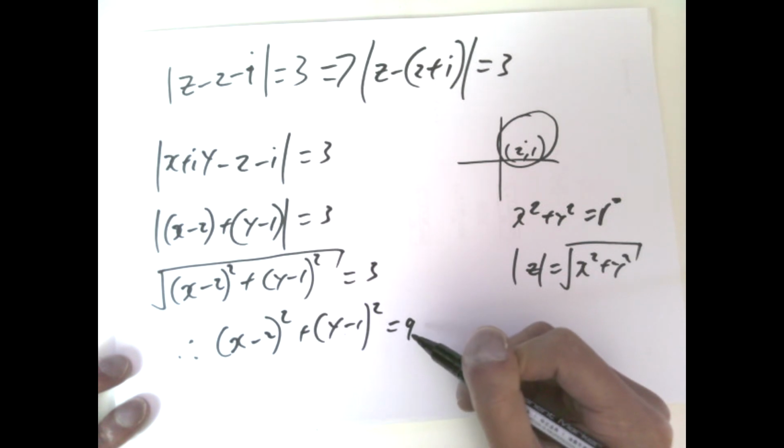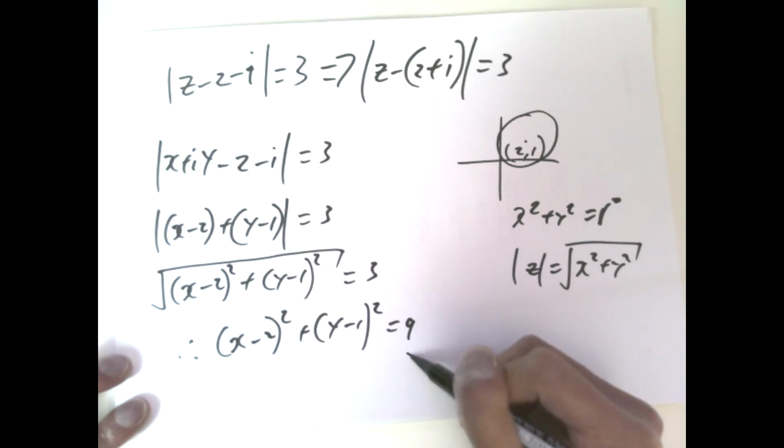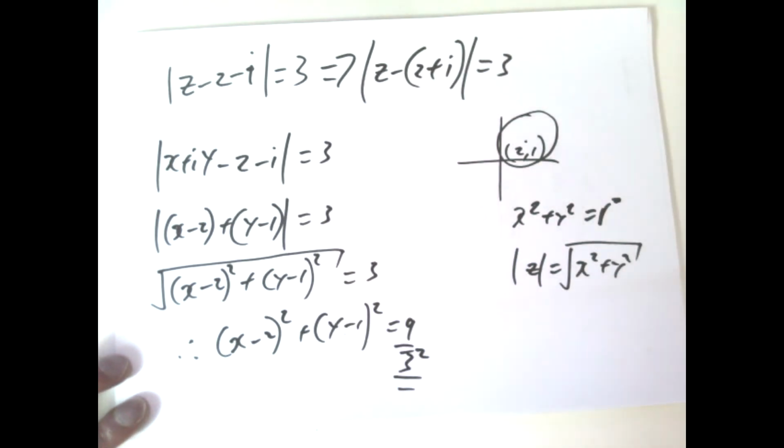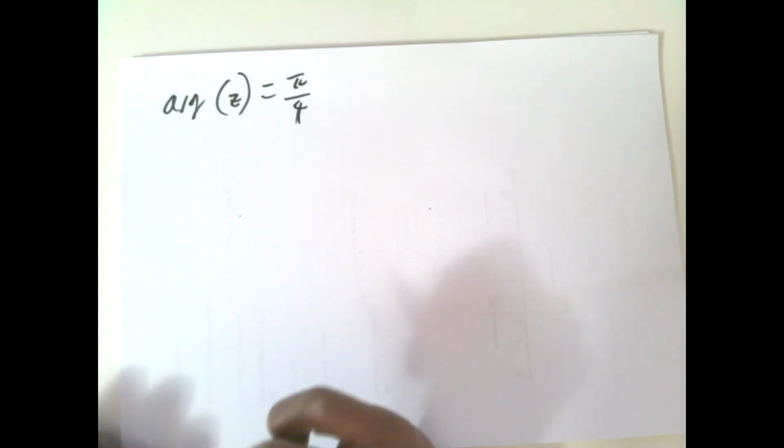Or if you don't like it to be 9, you can write it as 3 squared. Equivalent.